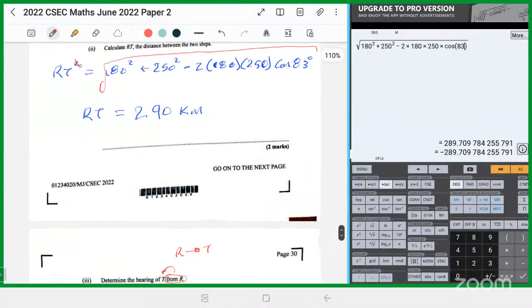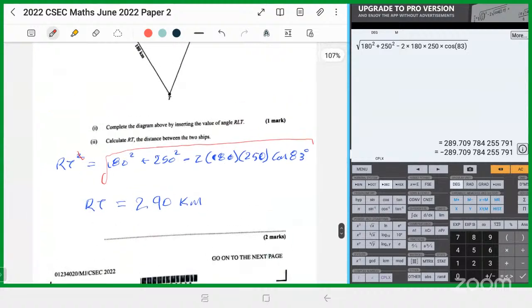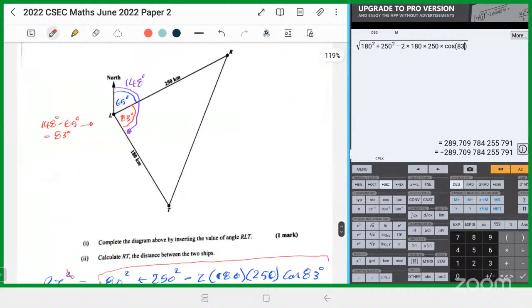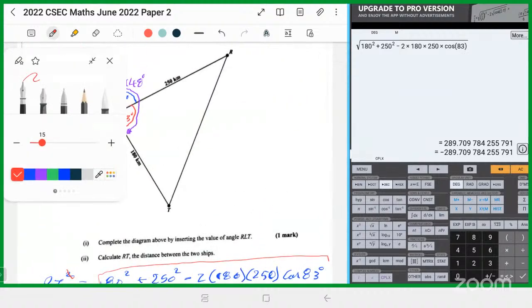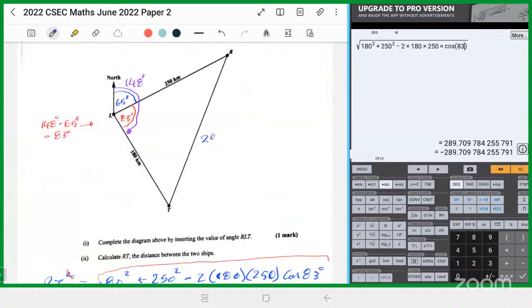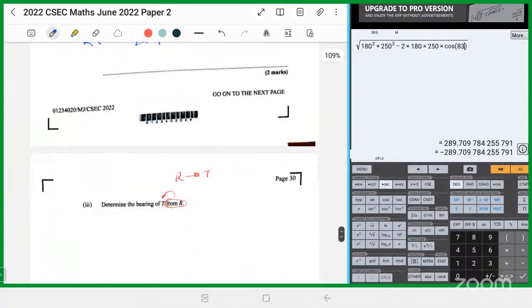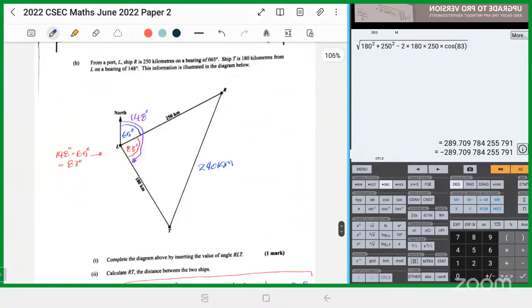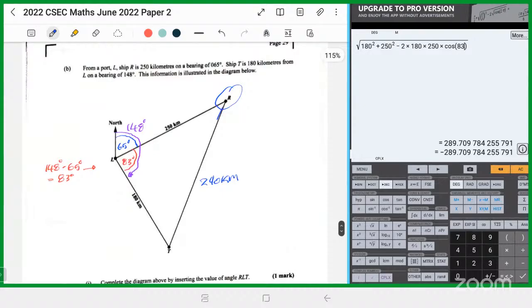What we just found was 290, so let's put it on the diagram in case we need it. This side is now 290 kilometers. I want the bearing of what again? R to T, right? R down to T. So I want the bearing of this direction.